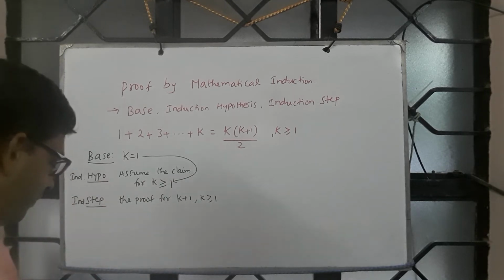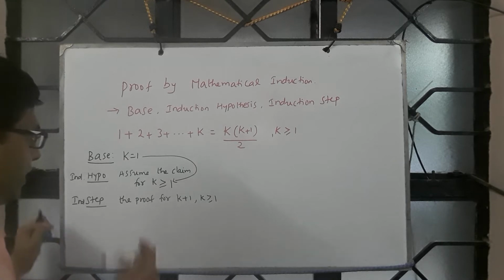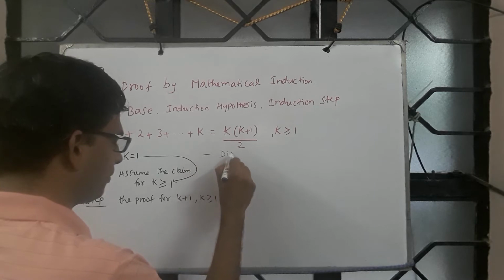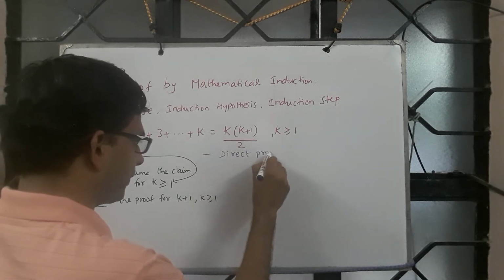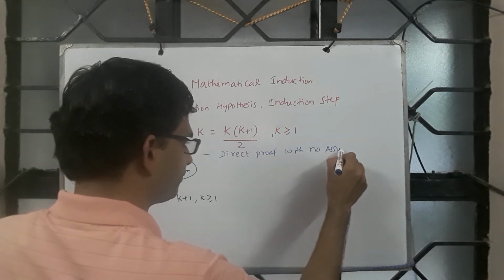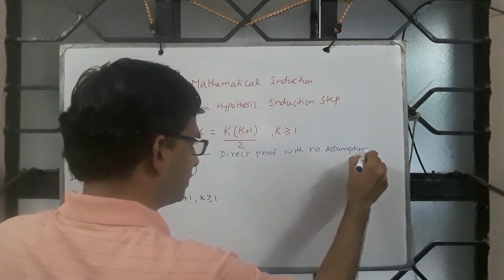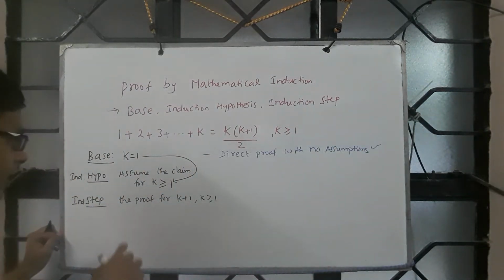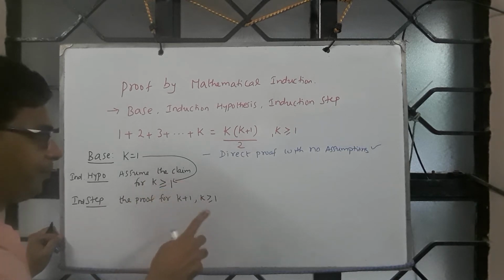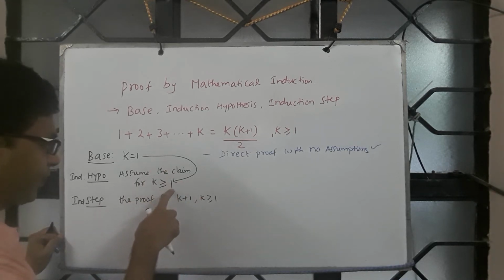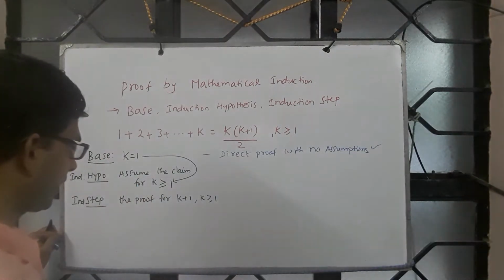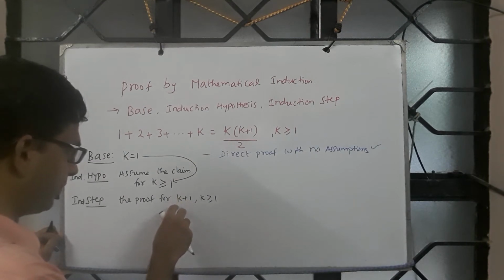Now listen carefully. When we said it is true for k equal to 1, this is one direct proof with no assumptions. So this is perfectly fine. Then we said assume the claim is true for k at least 1, and I said that the starting point should have been proved explicitly as part of the base case. So then you come here.